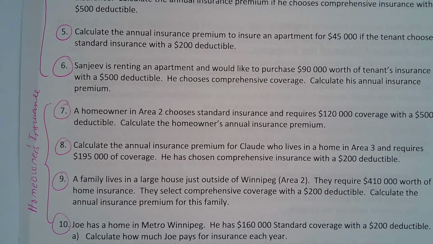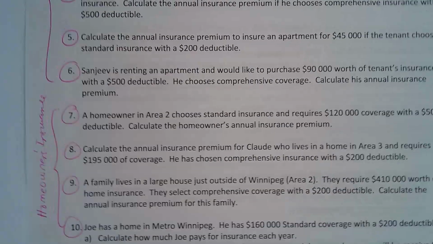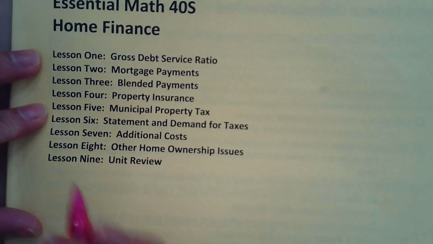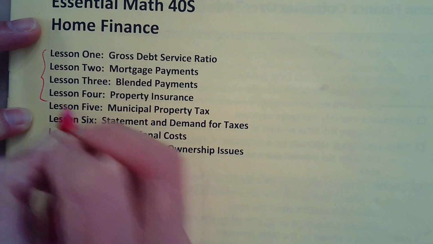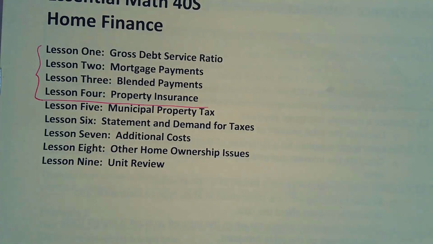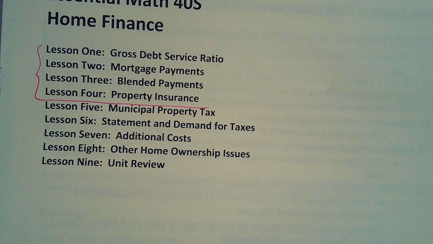It's going to be based on lesson 1, 2, 3, and 4 only. And then we continue on, and then you get the second test on home finance on 5, 6, 7, 8. Because I find that if we wait till the end, it's way too much. So our test is gonna be up to here. This is your first test. Okay? So make sure you get caught up with your practice questions.